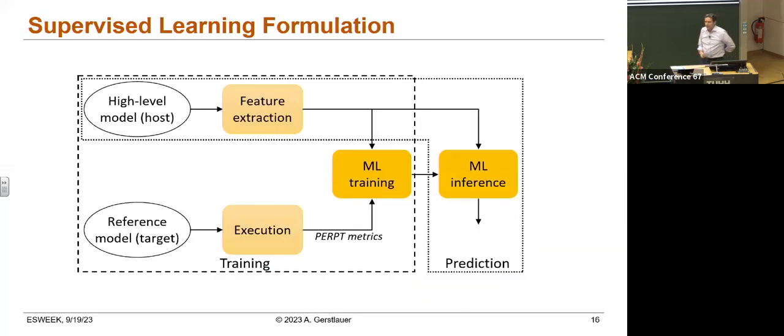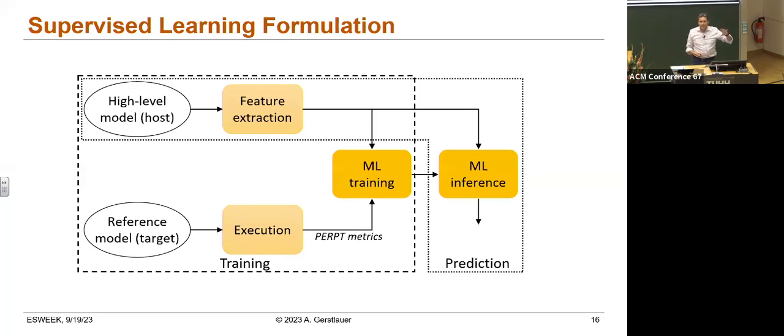So like I said, formulation-wise, this is typically formulated as a supervised learning problem. You have some high-level model where you execute, maybe just functionally accurate with no information about timing, out of which you extract features in machine learning terms. You have a reference execution where you have the accurate implementation of a particular target.